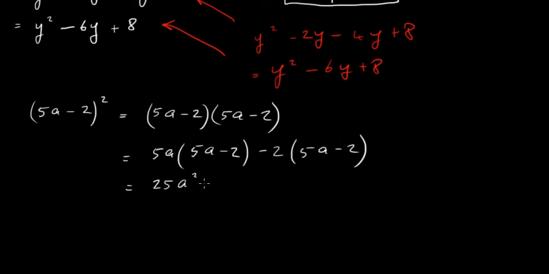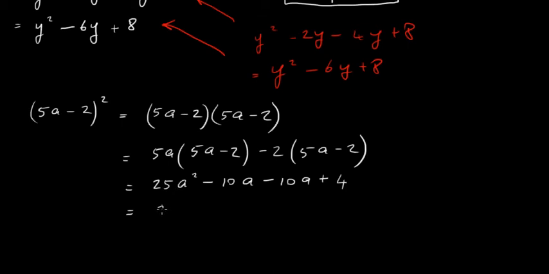Plus times minus, minus. 5 times 2, 10. And we also have this a here. Minus times plus, minus. 2 times 5, 10. And we have the a here as well. So 2 5a's is 10a. Minus times minus, plus 2 times 2, 4.